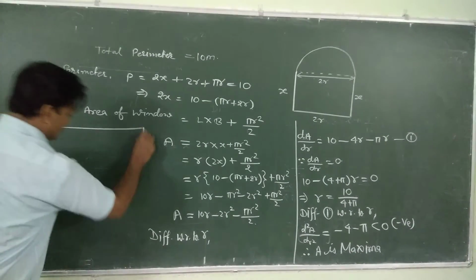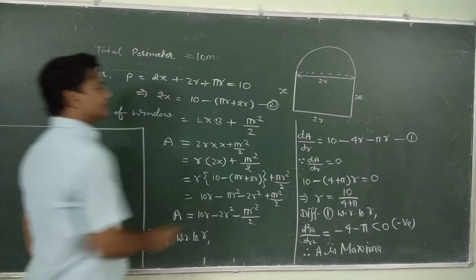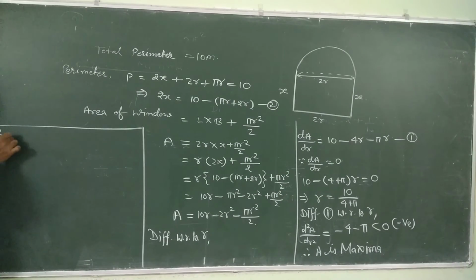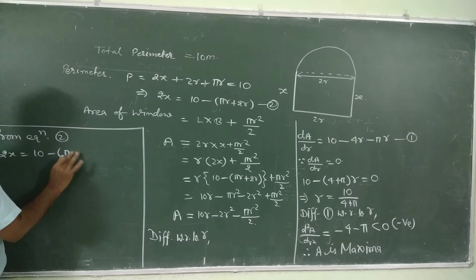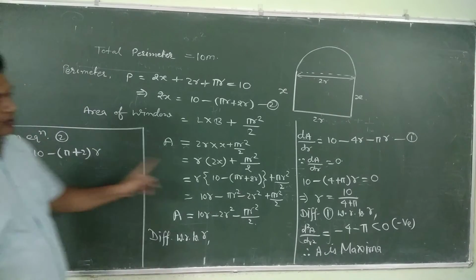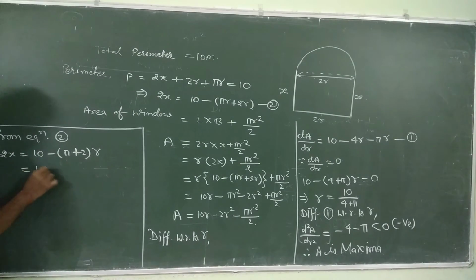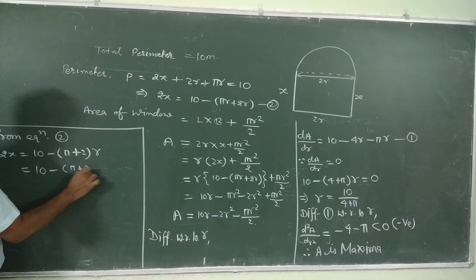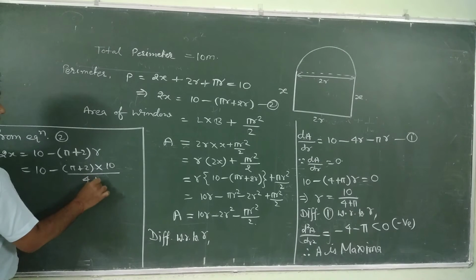From equation 2, 2x equals 10 minus (pi plus 2), taking r common and substituting the value of r from here: 10 minus (pi plus 2) into 10 upon 4 plus pi.